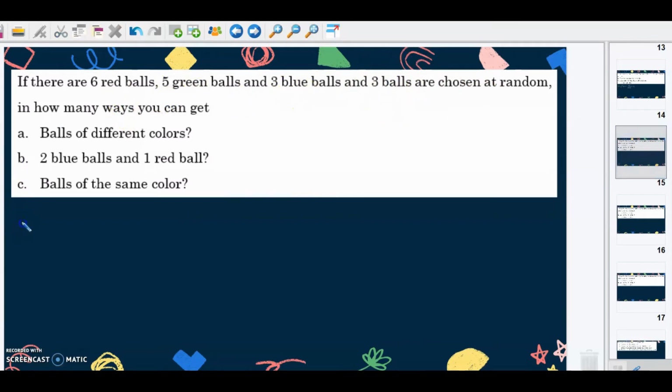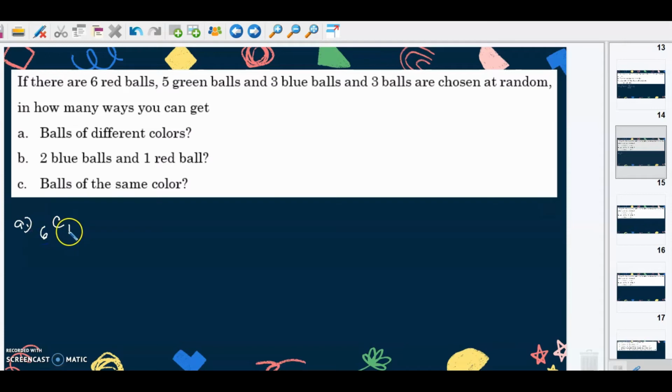Okay, so for letter A, what we're going to do, since there are 3 different colors, then we're just going to choose 1 from each color so that we will have all 3 balls that we want to get from the given. So our solution now for letter A, balls of different colors, we will have here the combination of 6 taken 1.